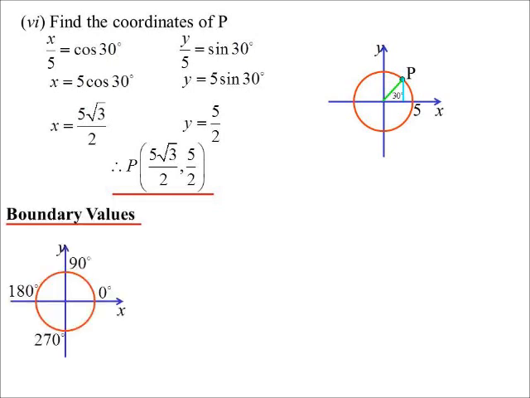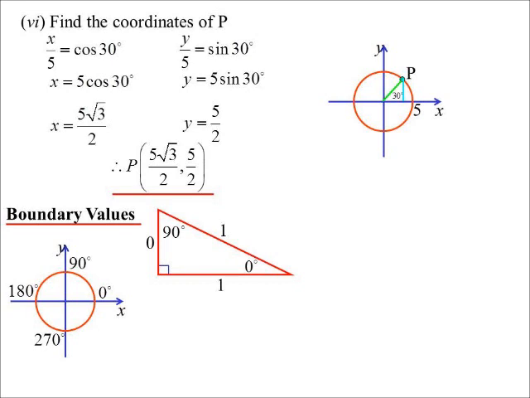All right, but what happens on the boundaries themselves? So at 0, 90, 180, 270, and if I kept going, 360, and so on. Well, how I can create it is by drawing a fictitious triangle. Here's my triangle. I'm going to say that angle there is 0. And then by the angle sum of a triangle, that means the other angle must be 90 degrees.